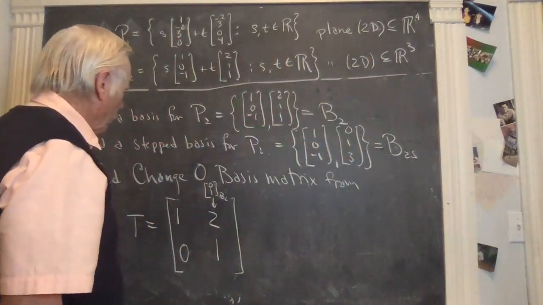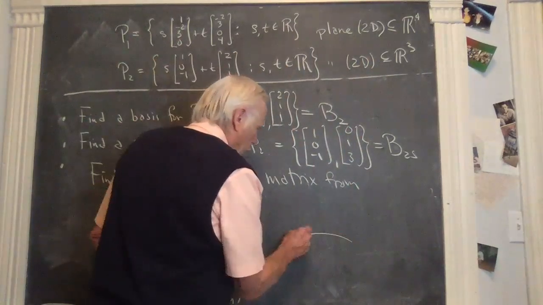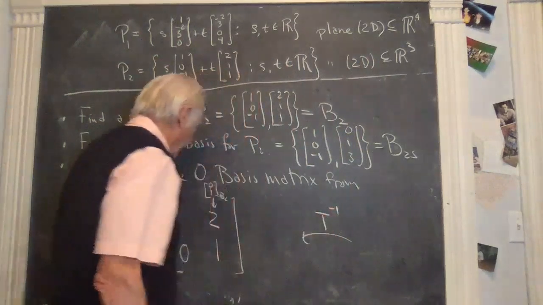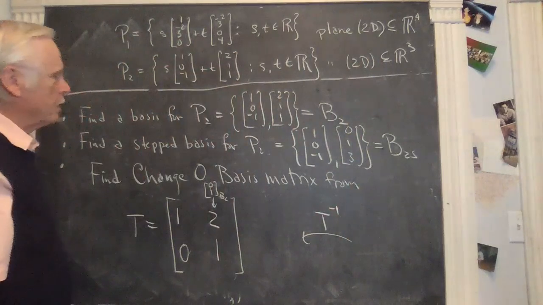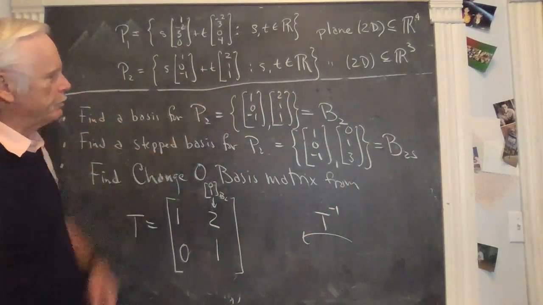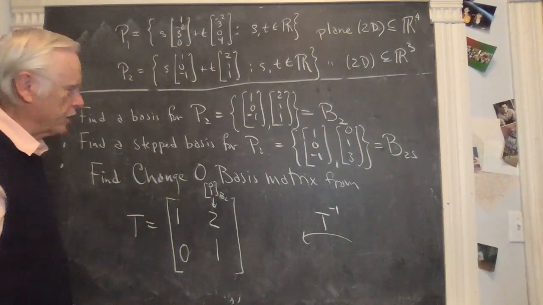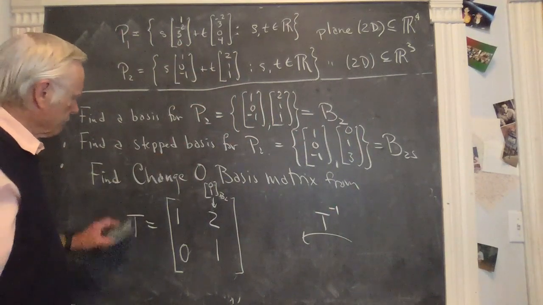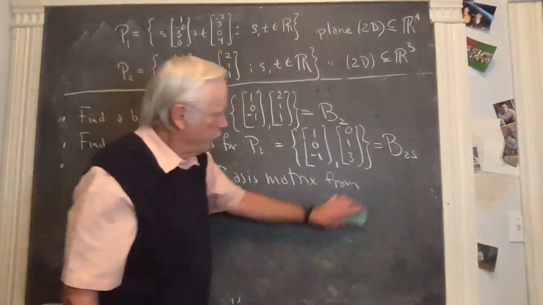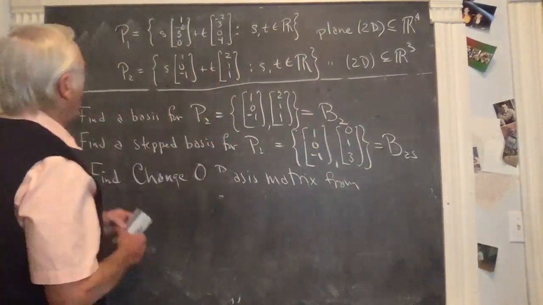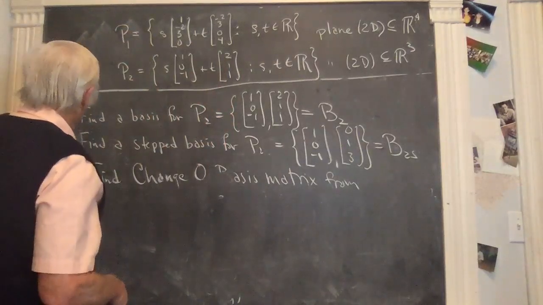Okay, so then from the other direction is T inverse. You can find T inverse if you want using Mathematica, but T inverse goes from B2S to B2. The other one works basically the same as this one. Okay. Change of basis matrices on subspaces of these two.